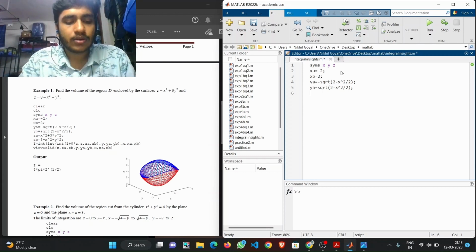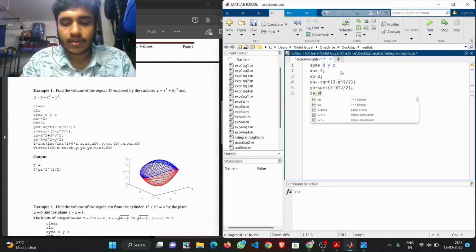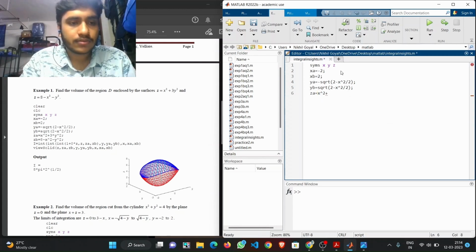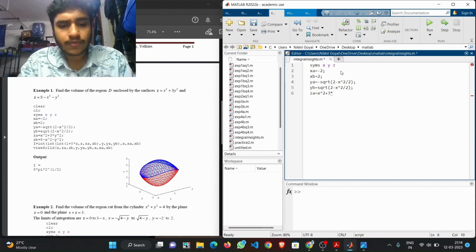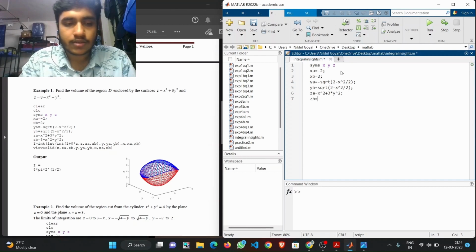Now for writing the limits of z, we'll take za equals x square plus 3 into y square, and zb equals 8 minus x square minus y square.